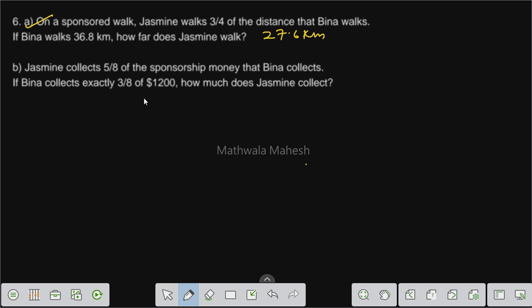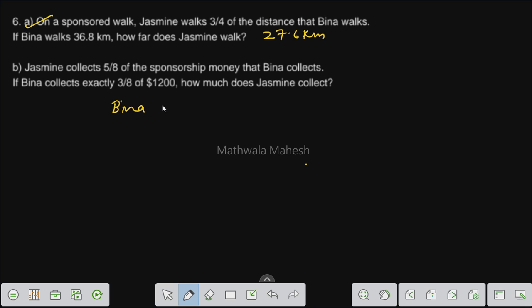Next one is Jasmine collects 5 by 8 of the sponsorship money that Bina collects. If Bina collects exactly 3 by 8 of $1,200, how much does Jasmine collect? So first we have to find how much Bina collects.